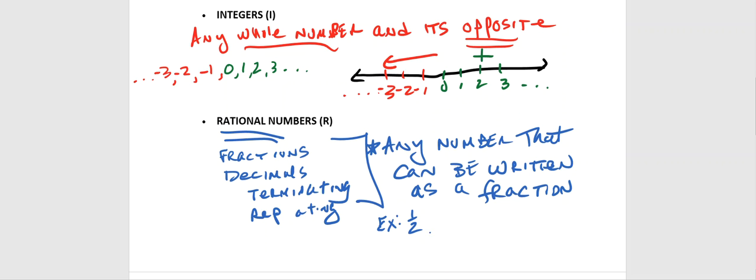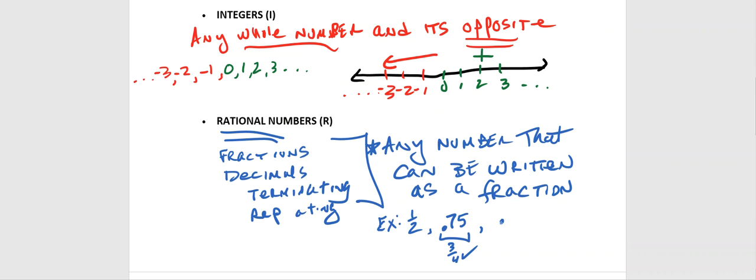1/2 is a fraction. That's fine. Well, something like 0.75, I can write that as a fraction. We know that as 3/4. So that qualifies, okay?